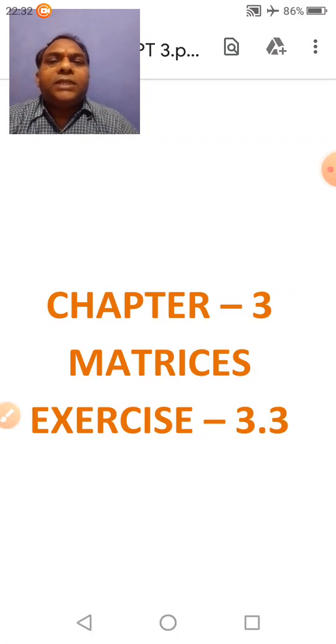Now, in chapter 3, matrices, we are going to learn about transpose of a matrix in exercise 3.3.